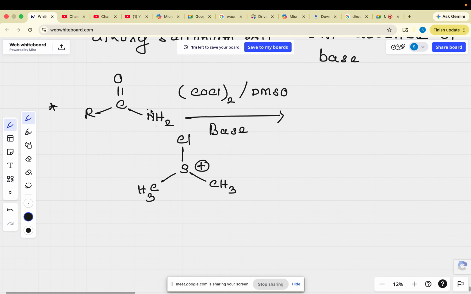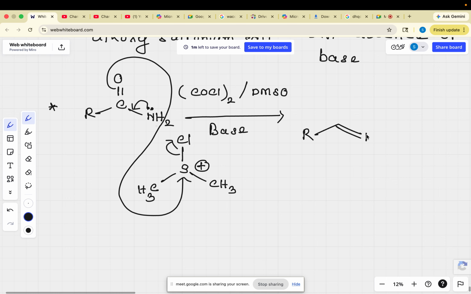So nitrogen has a lone pair, so this nitrogen lone pair is in conjugation with this C double bond O. So ultimately this O minus will attack on the sulfur center and chlorine is leaving from here. So what I am getting? I can draw like this, RC, here you will get double bond.